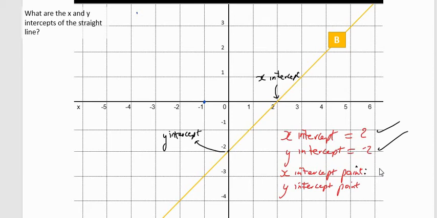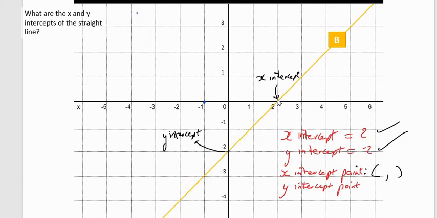Once you hear point, you're looking for 2 coordinates. So what are they for the x-intercept? Let's start with the x-intercept. It's 2. The coordinates. Sorry. So you're looking for 2 values.